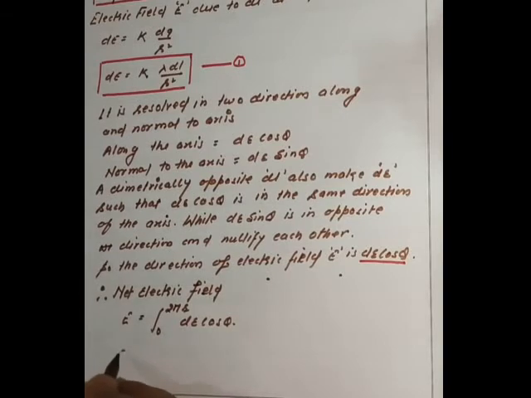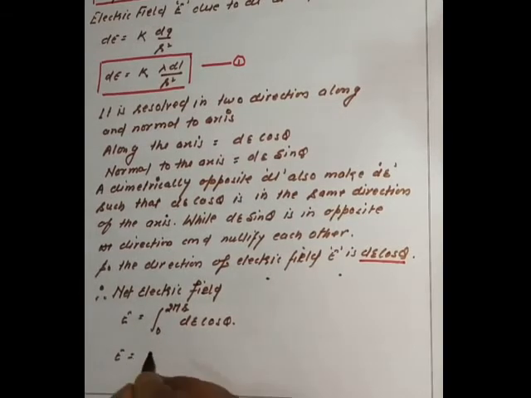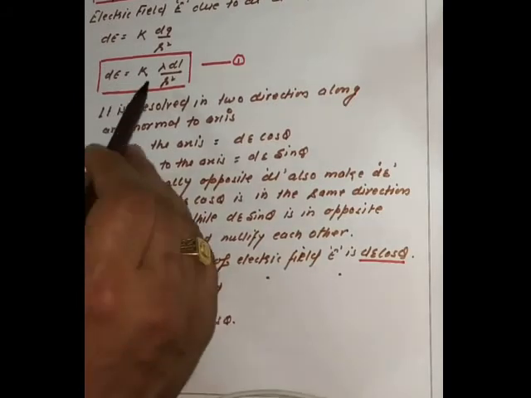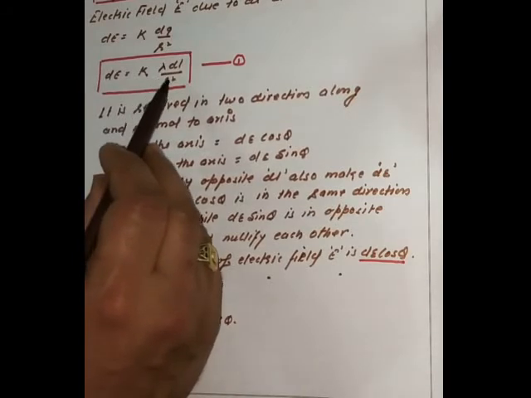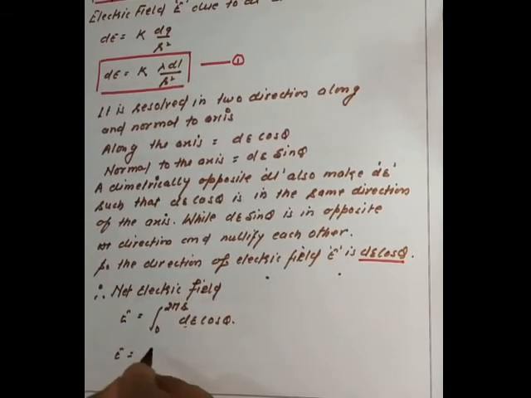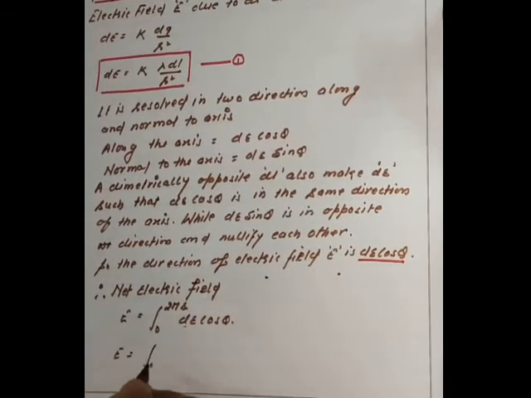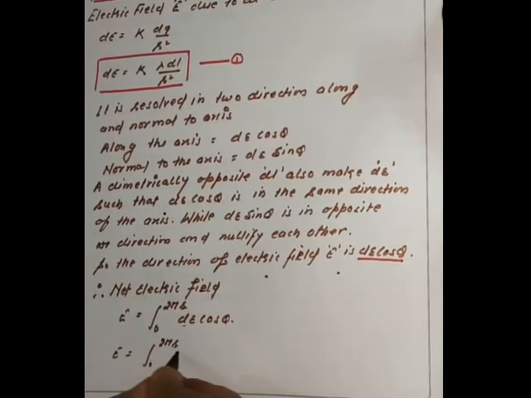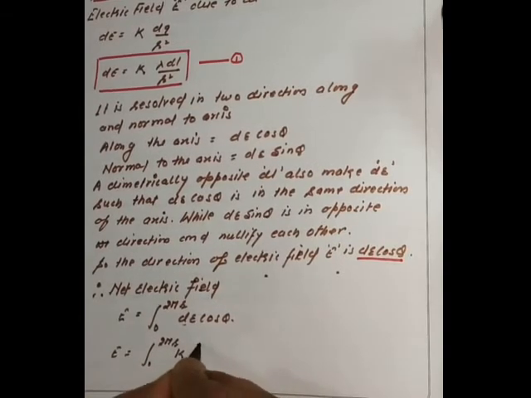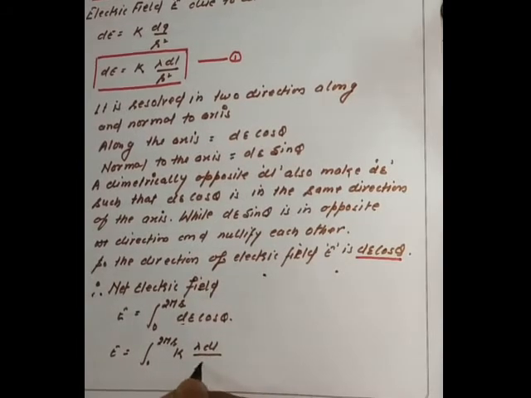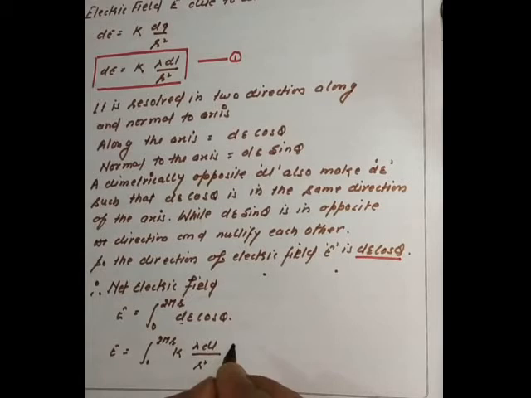For the electric field E, in place of dE we can write k lambda dl upon r square, so k lambda dl upon r square cos theta.